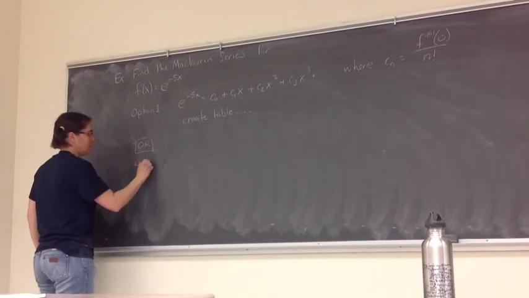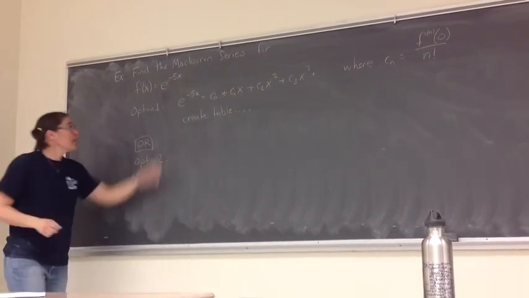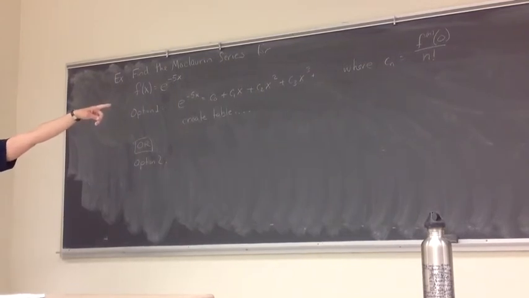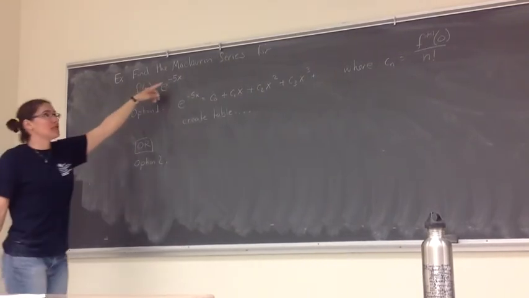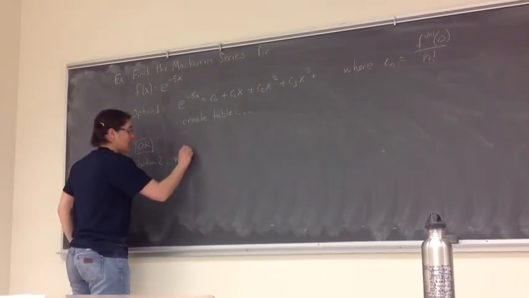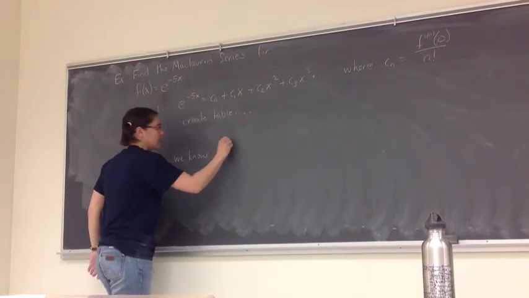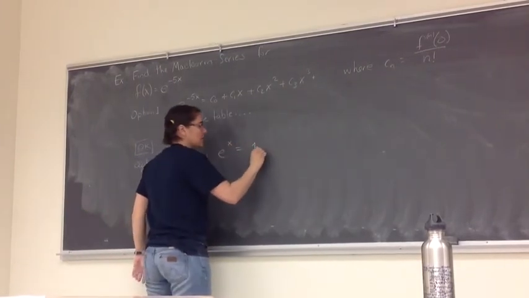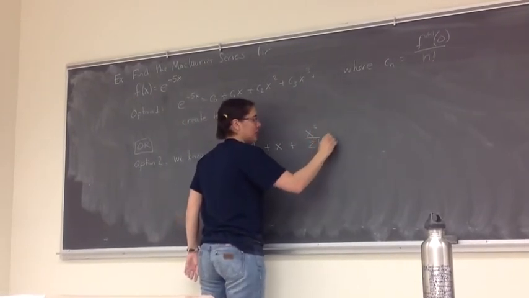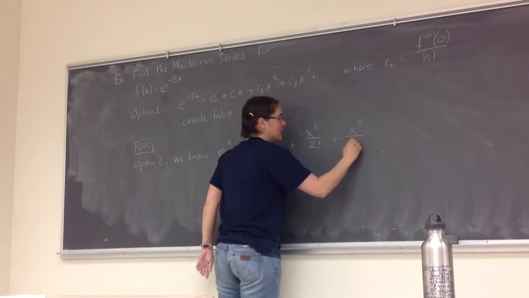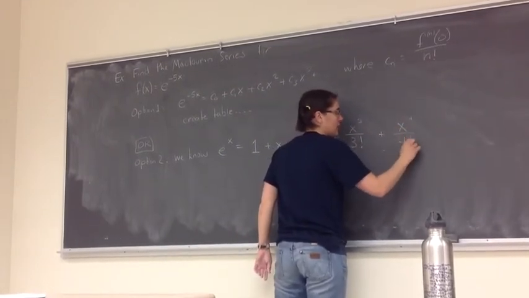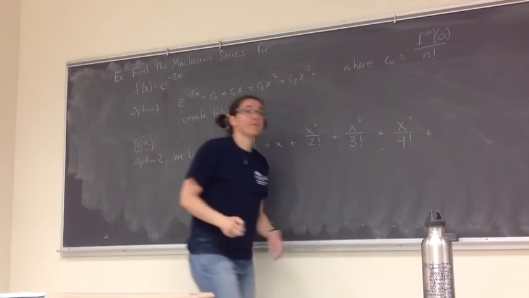Option two, this function looks an awful lot like one of our known series over there. It looks an awful lot like e to the x, except that instead of having an x in the power, we have stuff. So option two is that we know that e to the x is equal to 1 plus x plus x squared over 2 factorial plus x to the third over 3 factorial plus x to the fourth over 4 factorial plus dot dot dot.